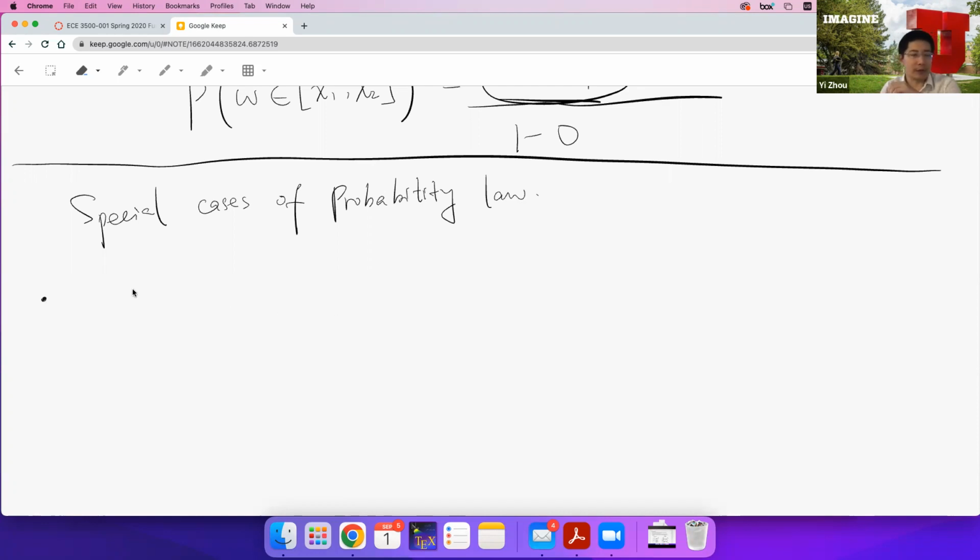But in a special case where omega is finite or countably infinite, then this modern probability framework actually reduces to the classic one.